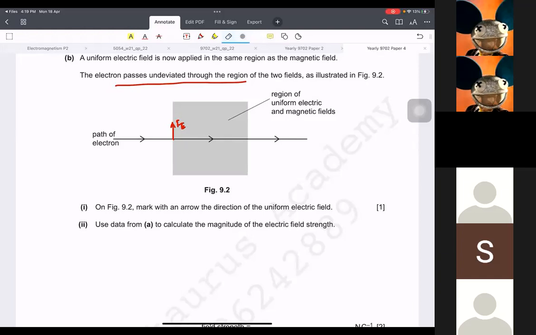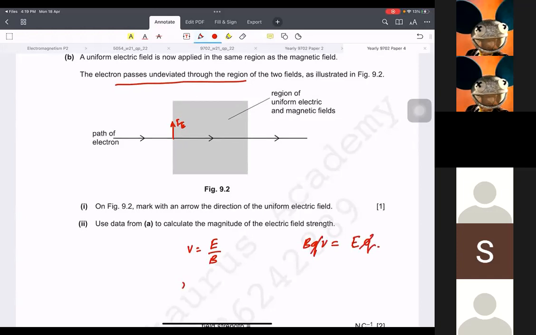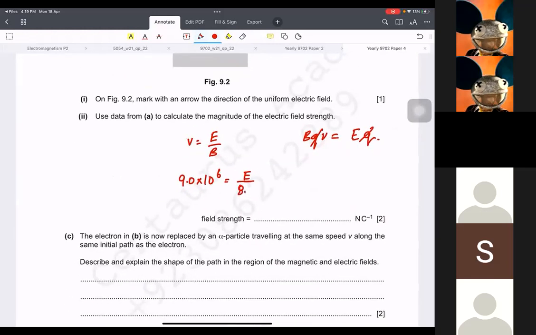Very, very easy. If you remember this formula, that's cool. If you don't remember this formula, you write Bvq equals to Eq. Q and Q cancel out. It will be like this. Now, v we already have, 9.0 times 10 raised to 6. Electric field strength is what we need. And the magnetic field is 8.0 times 10 raised to -4, I believe.